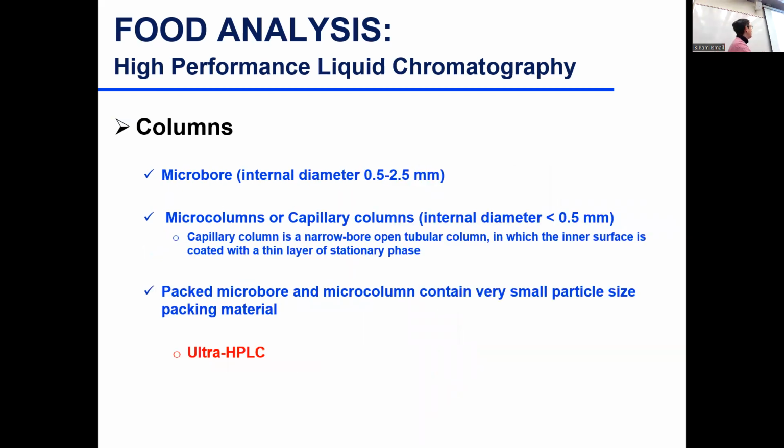So the columns themselves, they can be microbore with an internal diameter of 0.5 to 2.5 millimeters, or they can be micro columns, so much narrower in diameter, and or capillary columns. If you remember, we talked last time about the enhanced sensitivity and speed of the analytical run.